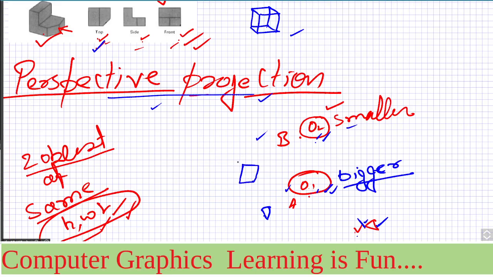However, the back one may look a little not as it was. Maybe I may not be able to draw it that nicely, but you have to understand one thing: in perspective projection, what is nearer will look bigger, and what is far will look smaller. That is the thing.